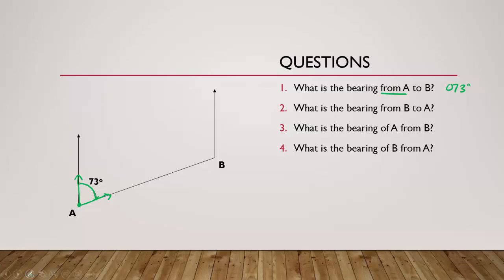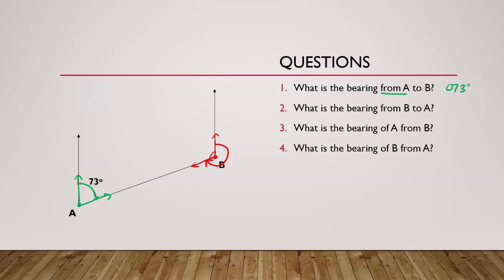The second question on there is, what is the bearing from B to A? So this time I'm standing on B. I'm going to draw myself a north line, and A is in this direction, so I need to measure the angle from the north line towards A, which is this big angle here. And again, you could split it down the middle. I personally prefer to work out this angle here first.